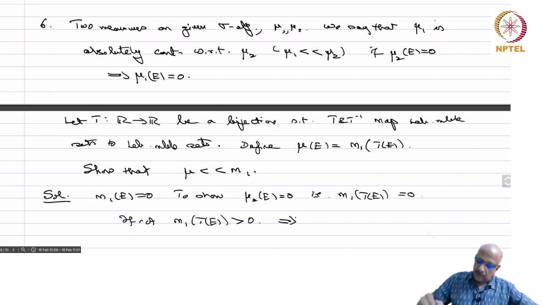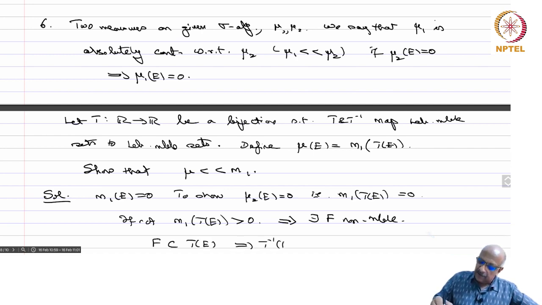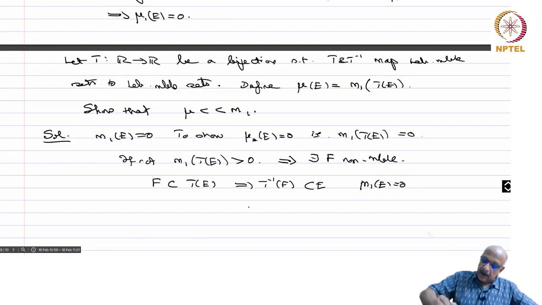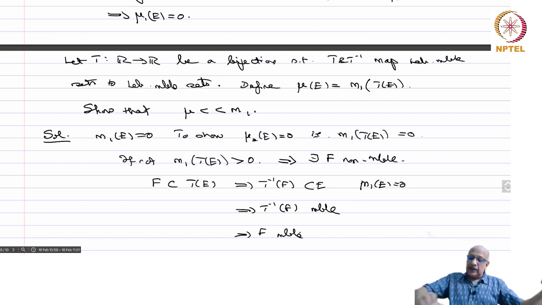Then we know that there exists F non-measurable, F contained in T of E. This implies T inverse of F is contained in E, but M1 of E is 0 and Lebesgue measure is complete, and therefore T inverse F is measurable, which implies F is measurable, because T of T inverse F has to be measurable, and that's a contradiction.